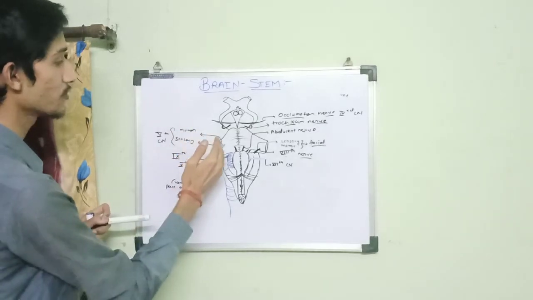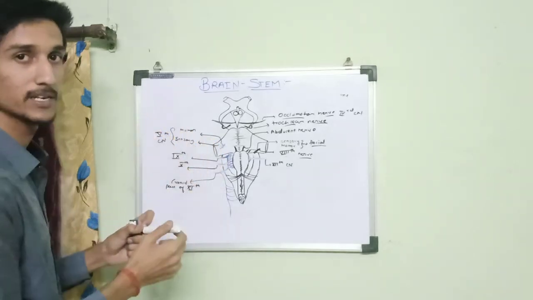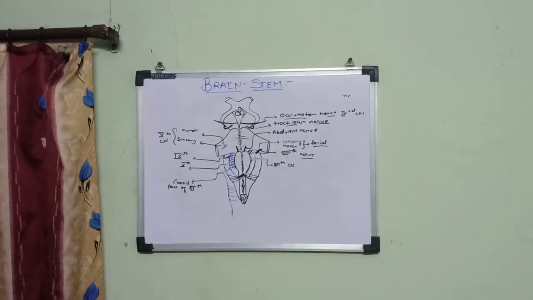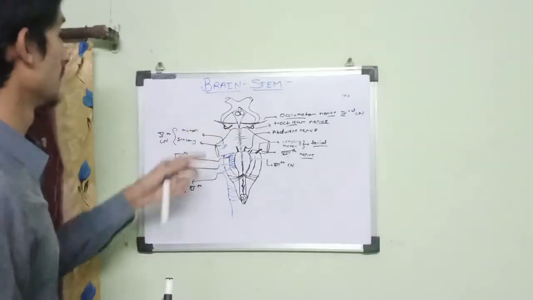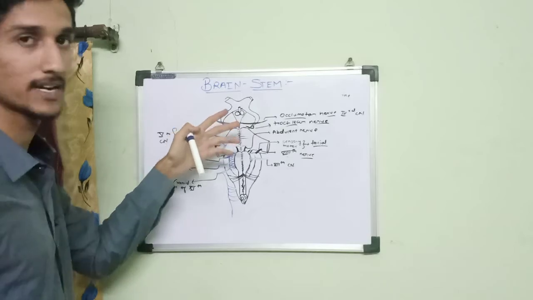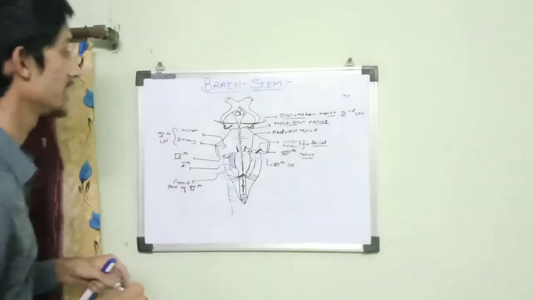Motor means medial, so medially the motor fibers and laterally the sensory fibers. And the last two nerves, the oculomotor and the trochlear. The oculomotor nerve arises at the midbrain, and the trochlear nerve arises posteriorly, then comes to the anterior.